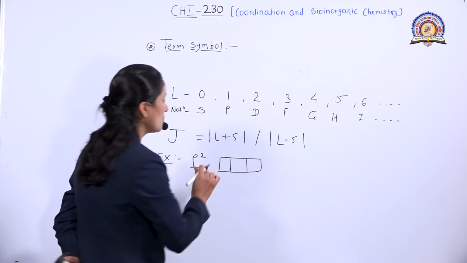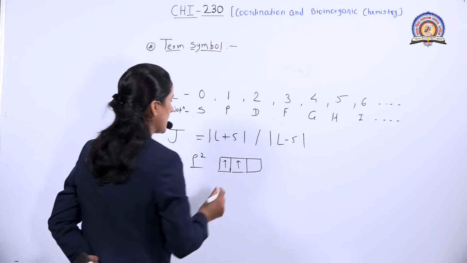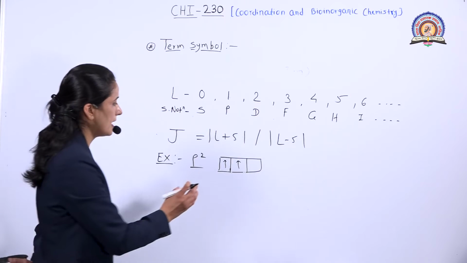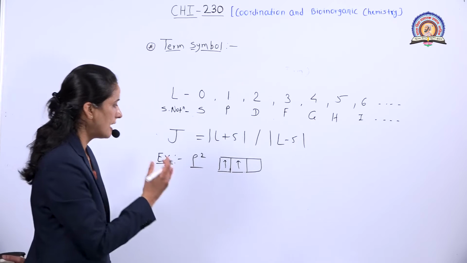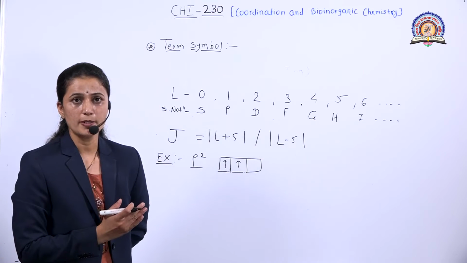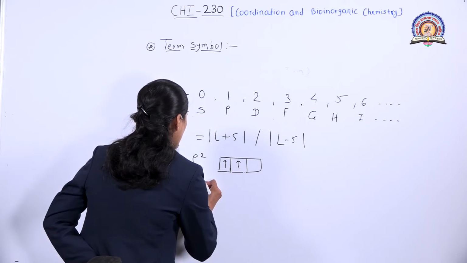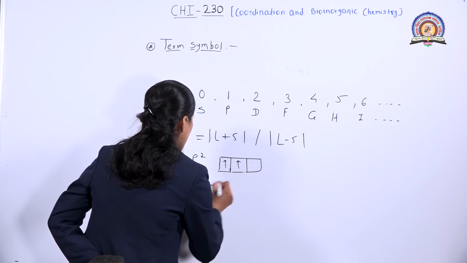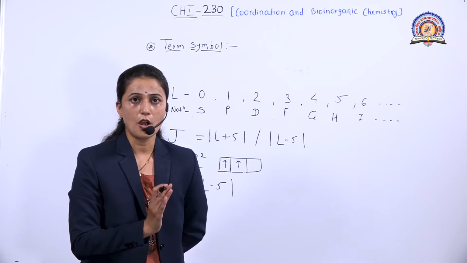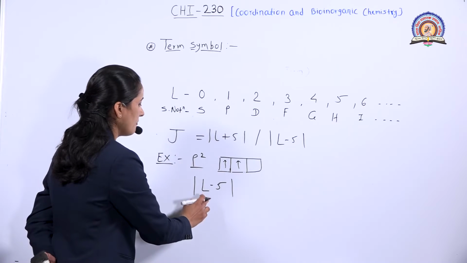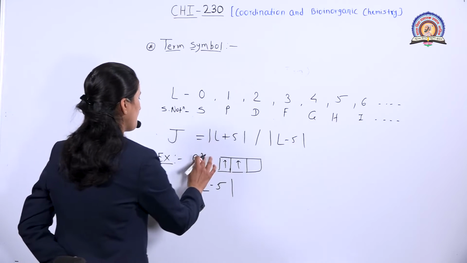As we have two P electrons, one electron is here, one electron is here. This means the configuration is less than half filled. If we have a configuration which is less than half filled or exactly half filled, then we have to use L minus S.